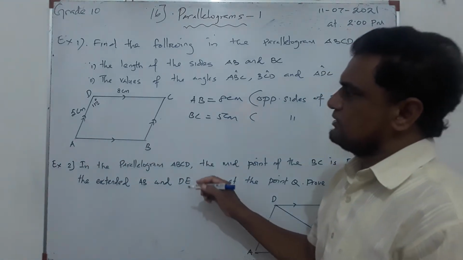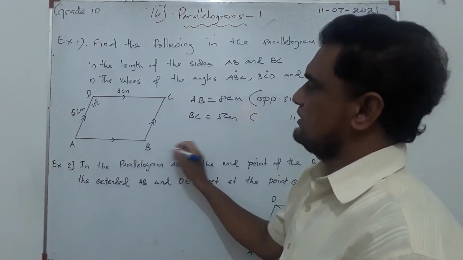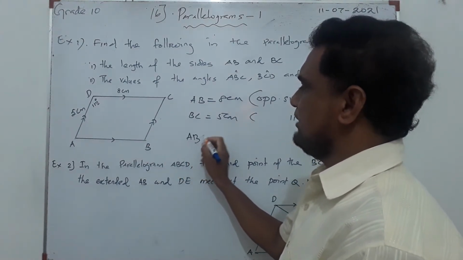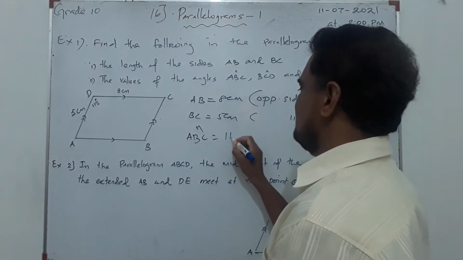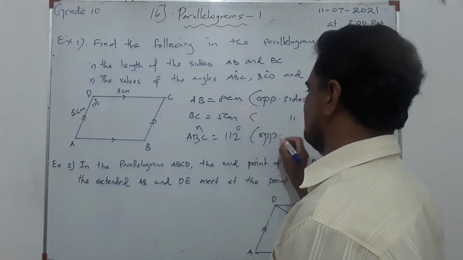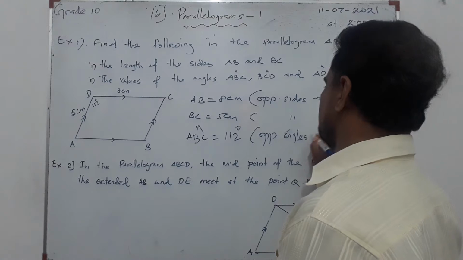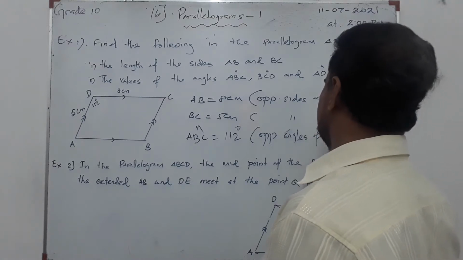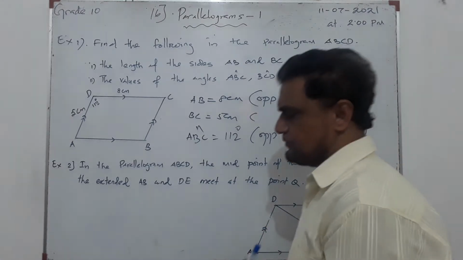So according to that, we can easily write here the angle ABC is equal to 112 degree because opposite angles of a parallelogram are equal, okay?